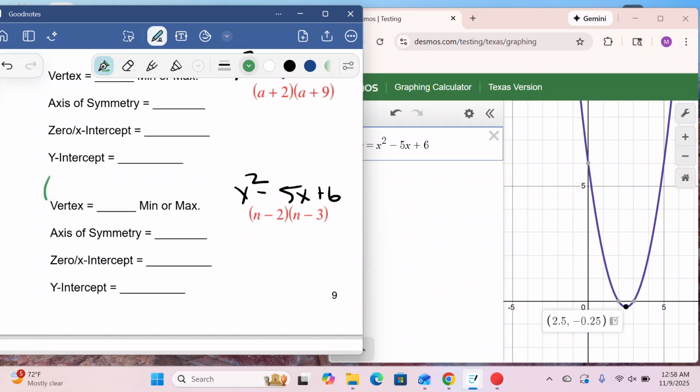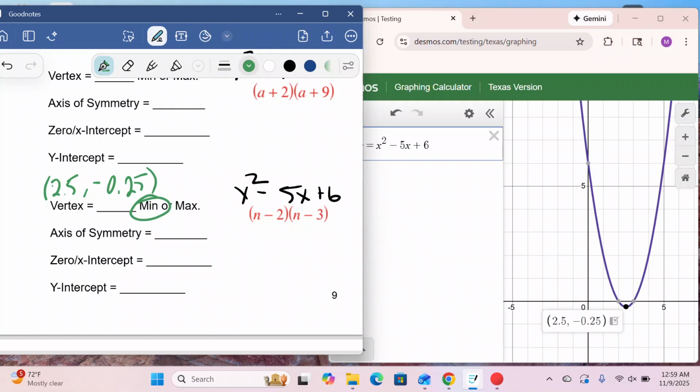It's going to give us a decimal, 2.5, comma, negative 0.25. So once again, how much work did this take? All we have to do is input the equation y equals x squared minus 5x plus 6. Is this a minimum or a maximum? Of course, the vertex is at the minimum.